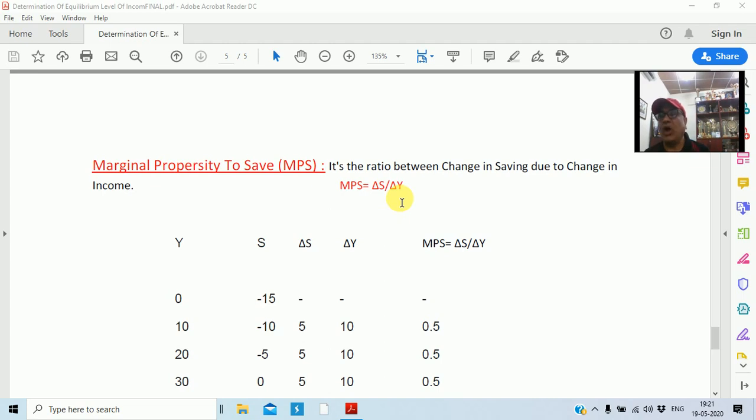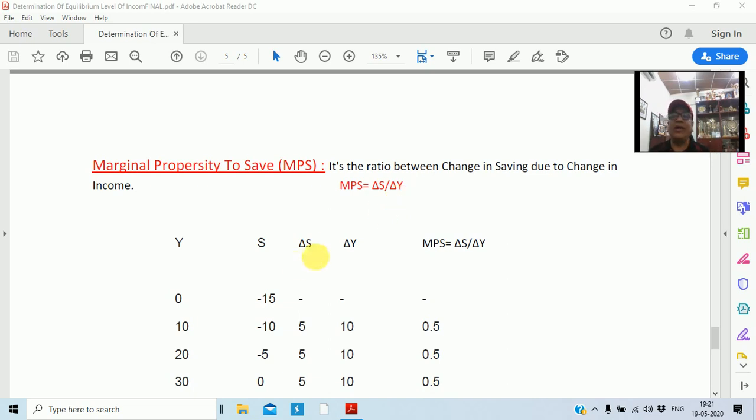If the bank is offering a very good interest rate on deposits, what will people do? People will go for more savings. Whatever increase in their income, a big part they will save. MPS is going to increase. As a result, MPC will decrease.